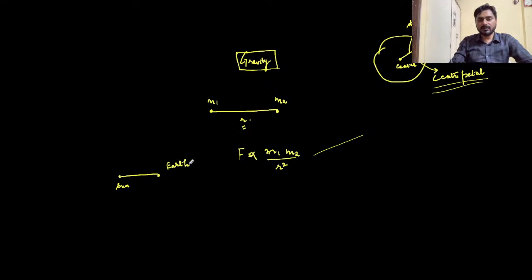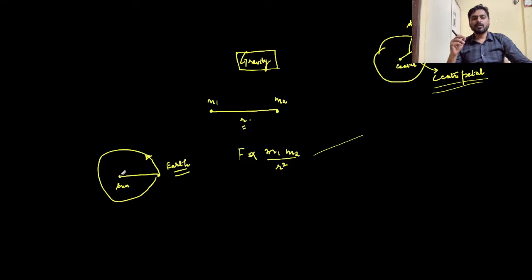Why do you think the earth is revolving around the sun, and yet it is not falling on the sun? Earth is revolving around the sun because of gravity, but it is not falling on the sun. Why? It is not falling because of the revolution.